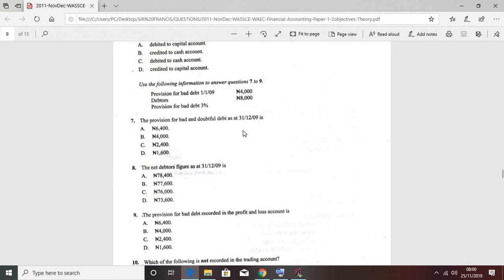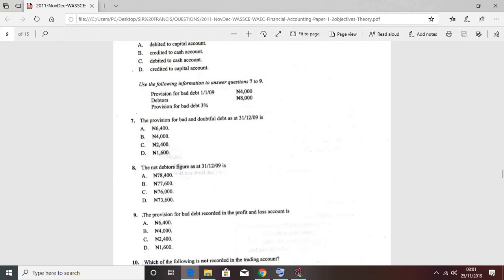If you have a trial balance, you could always see that provision for bad debt is at the credit side of the trial balance, because such amount will be deducted from the debtors account. In the name of provisions, you always see provision for bad debt at the credit side.